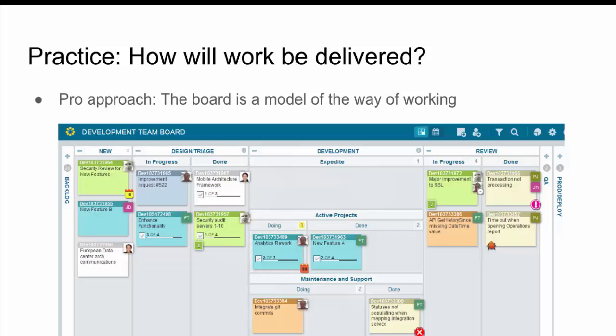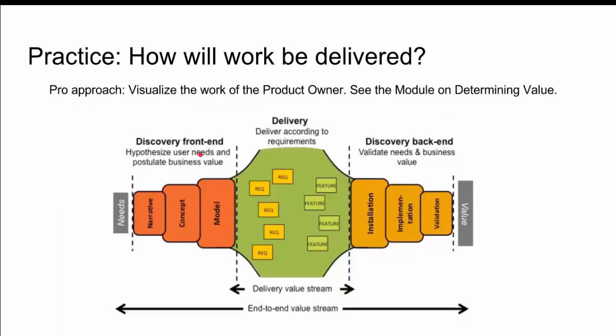And then you can use this information to improve the way of work, which would then cause you to change the board. A second thing I want to suggest to you is that just as the development team is tracking its work, you as the product owner can also visualize your work. So in the determining business value module in this course, we talked about hypothesis-driven development, in which you as the product owner validate the user stories and the work that you're doing.